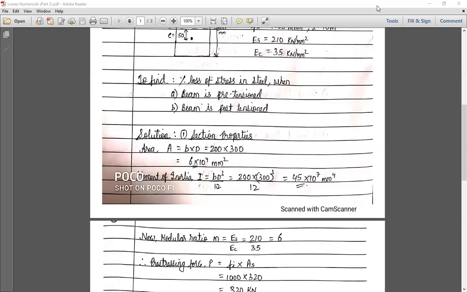We'll have to wait and see. Yes, correct: the assignments which I have given, and the reinforcement detailing in the drawing book. That's it.